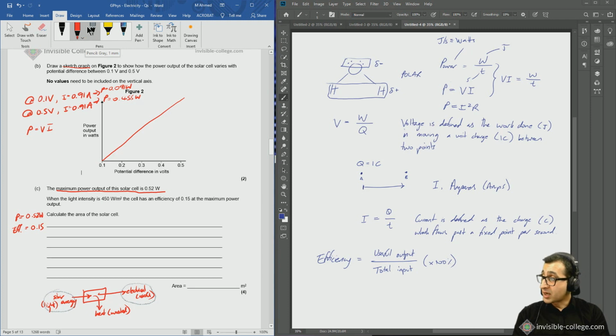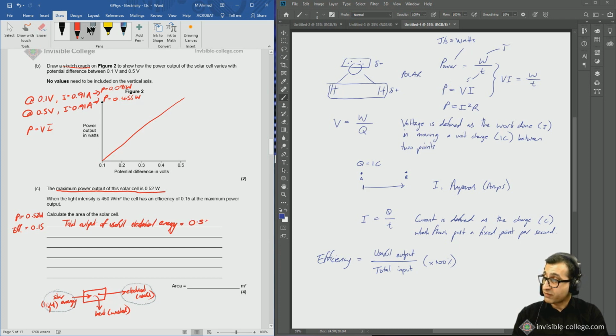So when the light intensity is 450 watts per meter squared, the cell has an efficiency of 0.15 at the maximum power output. So if the electrical power output divided by the total input is this, and the maximum power output is 0.52, then we know that the total output of useful electrical energy is 0.52 watts.